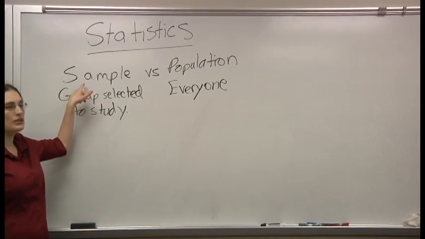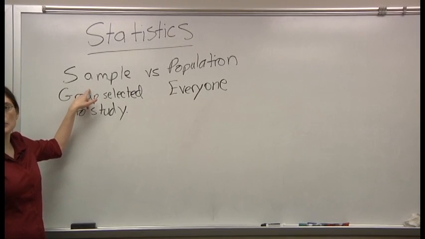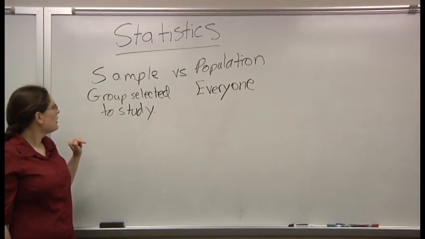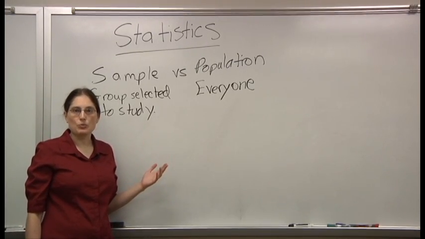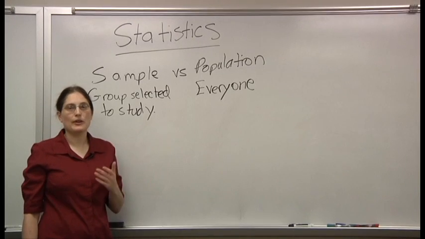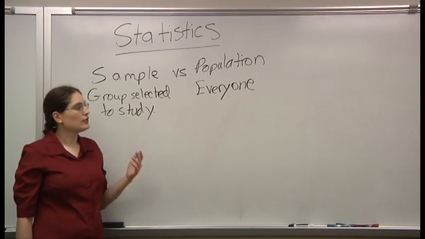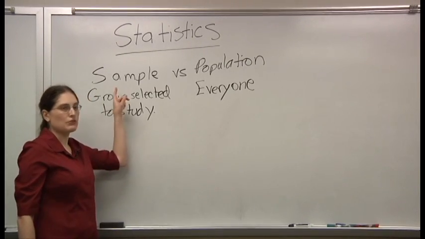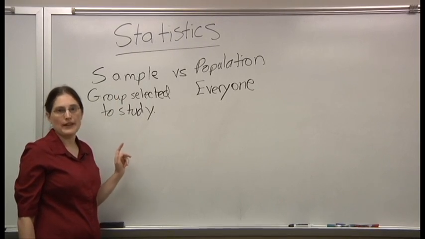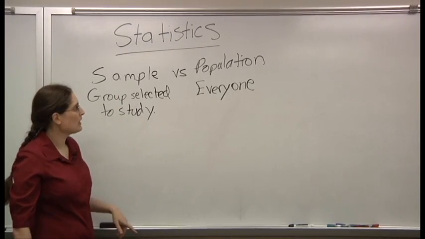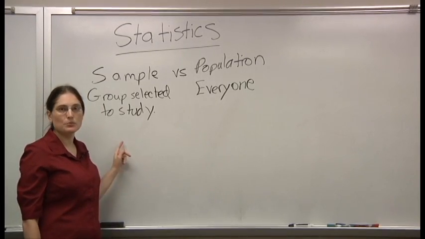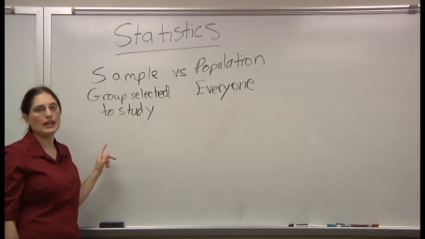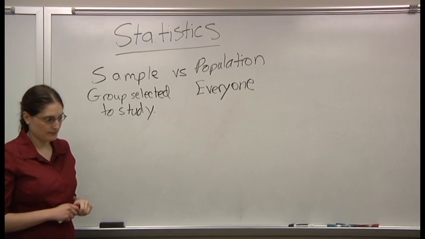So you select a small group of people and ask them who they're going to vote for. If you want to know the average weight of dogs, you can't weigh all the dogs, so you pick out a random sample and you weigh them. Population is everybody. Sample is a group selected from the population for study.